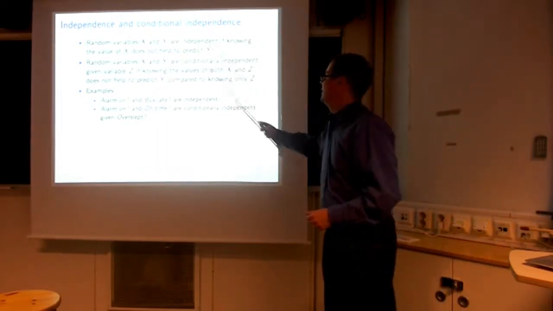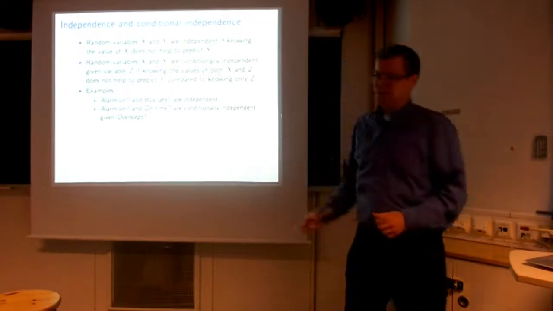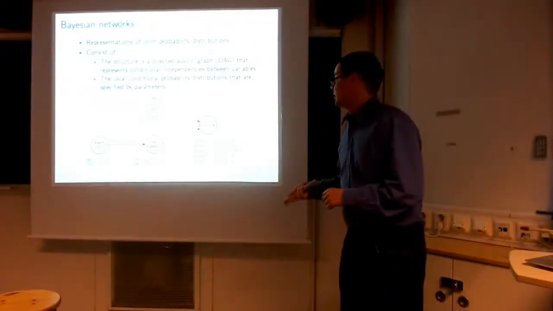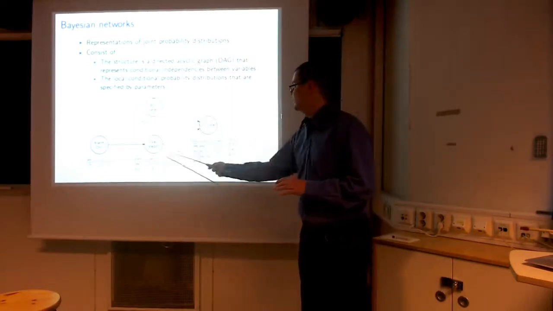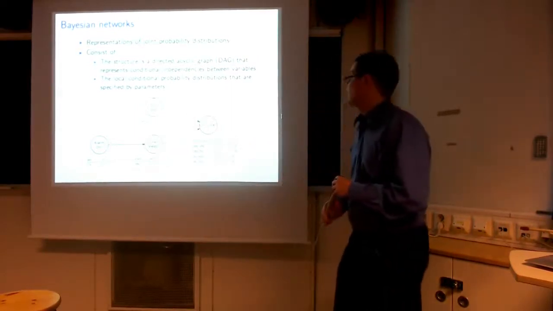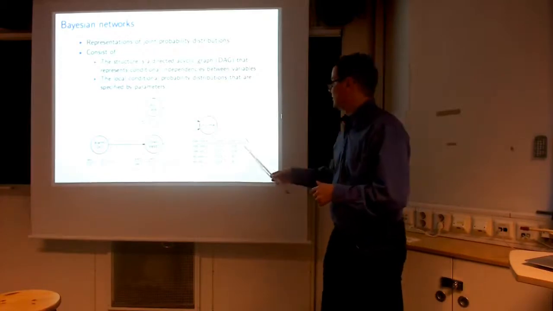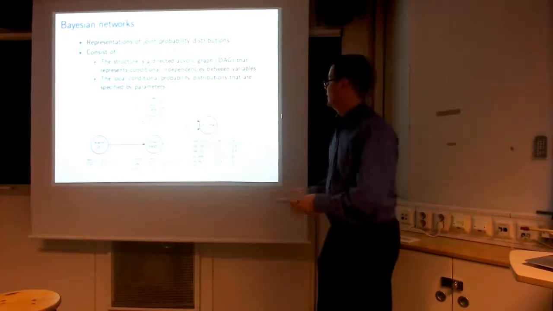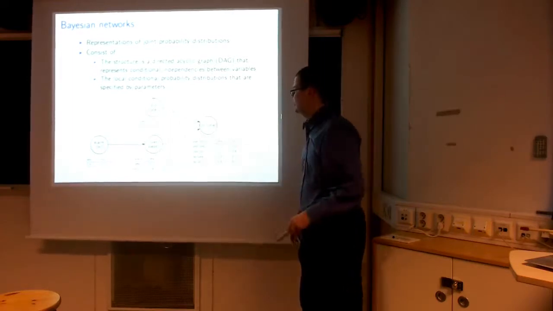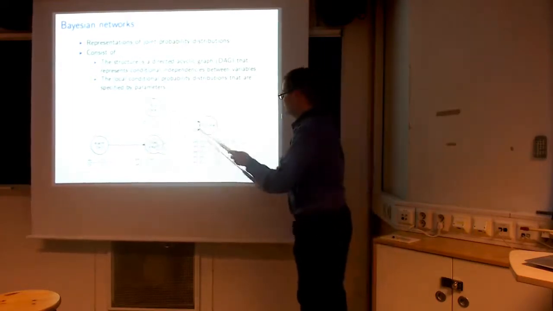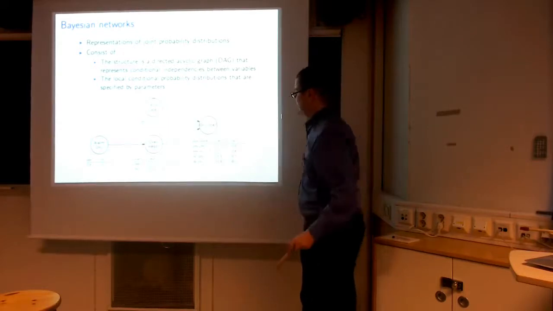Then a Bayesian network is a way to represent these independencies. It has two parts. It has a structure, which is a directed acyclic graph, or DAG for short, and then it has parameters. In the structure, we have one node for each variable, and then we have arcs between nodes.